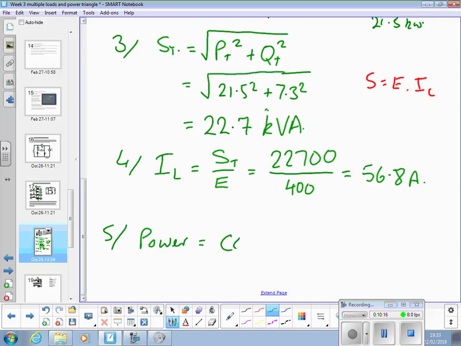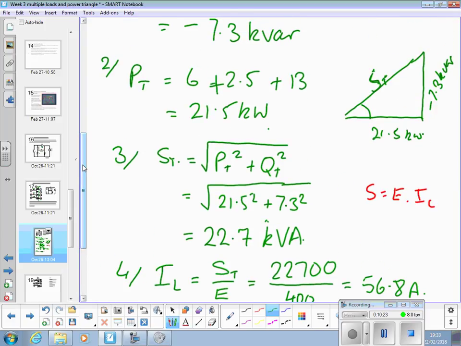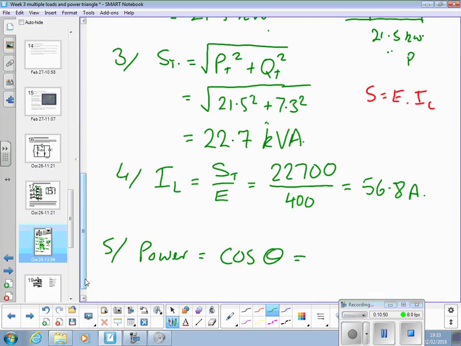It's cos theta, which in terms of this triangle, we want the angle between P and ST. So it's adjacent over hypotenuse, cosine: P over ST. That's 21.5 over 22.7.